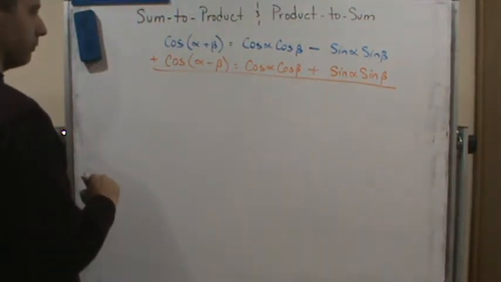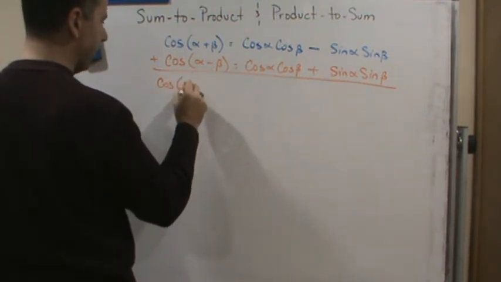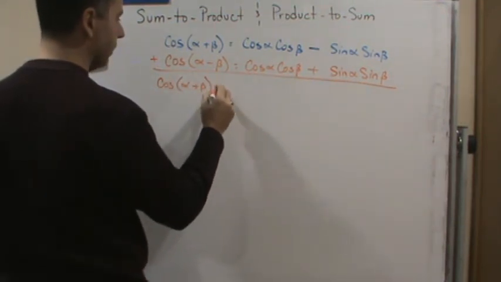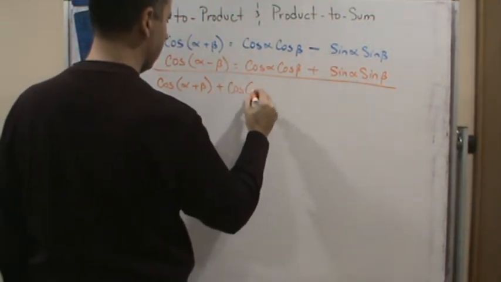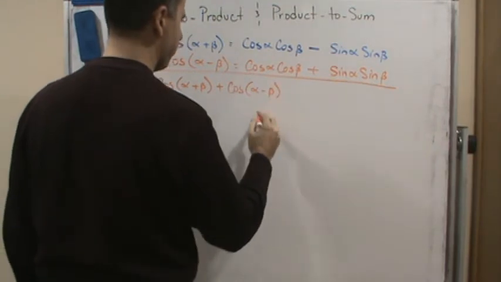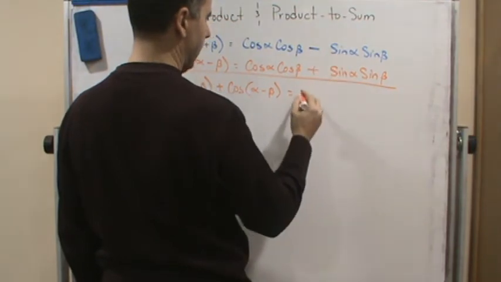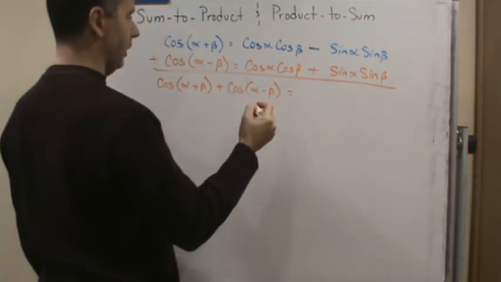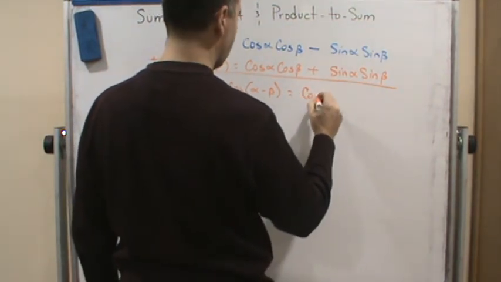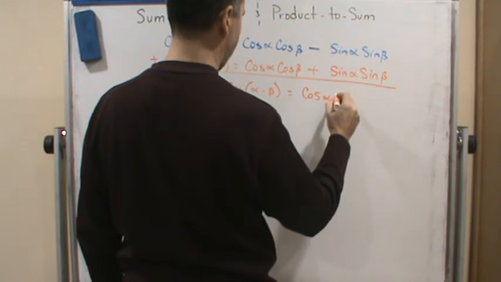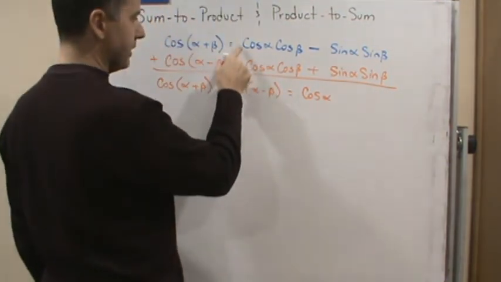Okay, and when we add them, we get cosine alpha plus beta plus cosine alpha minus beta is equal to, now notice that these two cancel and all we end up with is cosine alpha cosine beta, and notice that these are the same, right?